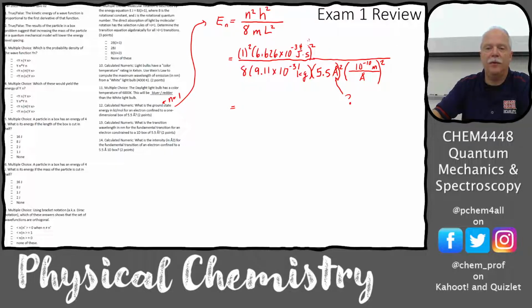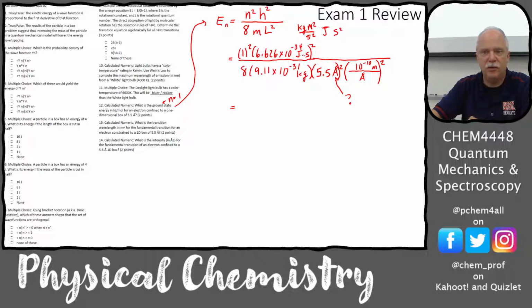Let's take one of these joules here, and we're going to end up with joules squared. One of them is going to be a kilogram meter squared per second squared, and the other one is going to be a joule. And then we're going to have seconds squared.